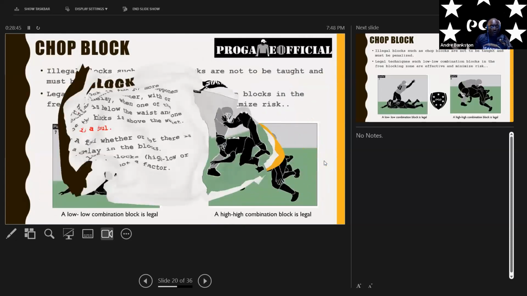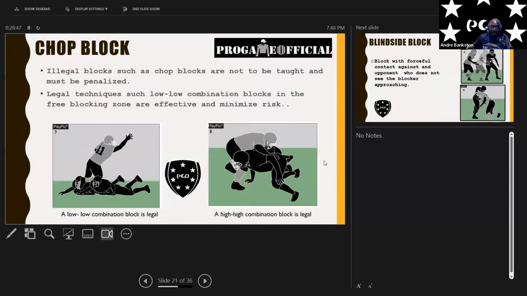Now, what is legal? Combination blocks. All right? So, at the line of scrimmage, again, we're talking about high school football. In most youth football programs, blocking below the waist is illegal, even in the free blocking zone; we don't follow that rule in most youth football programs.